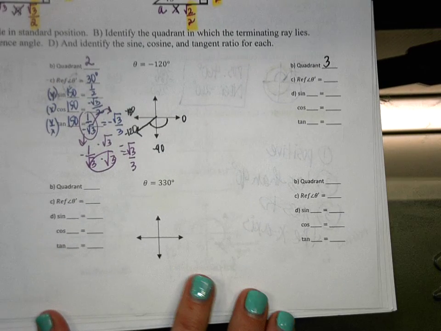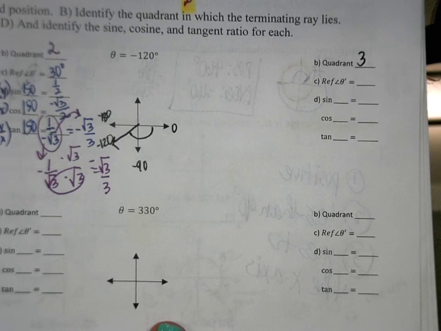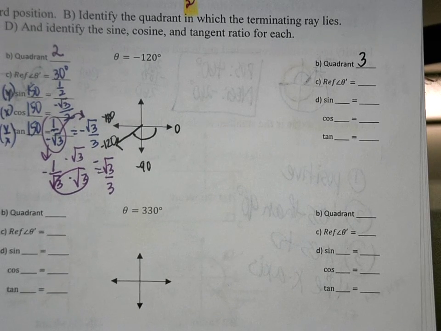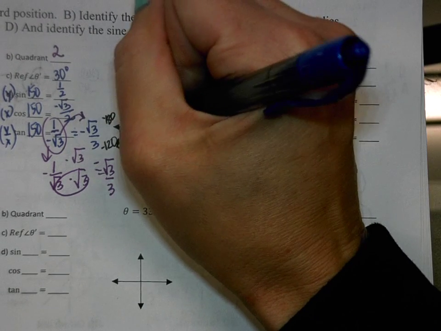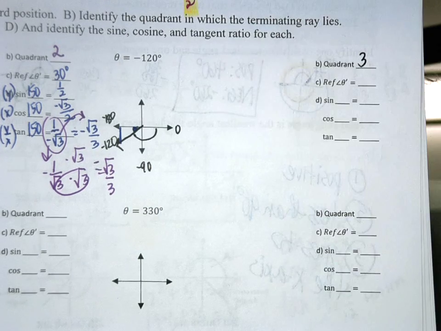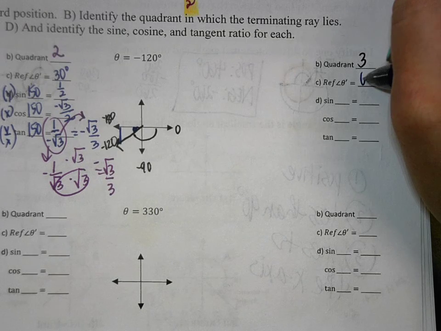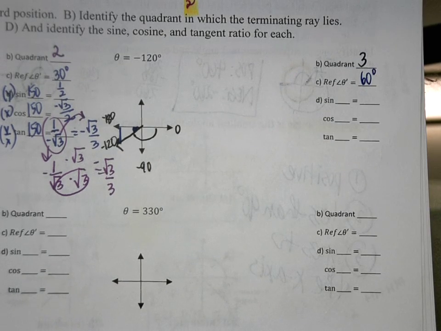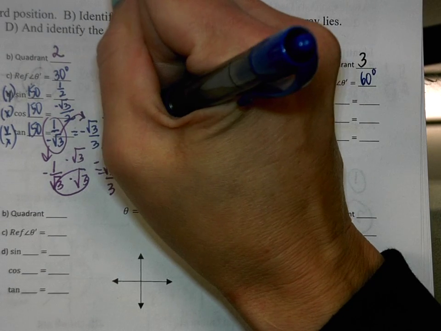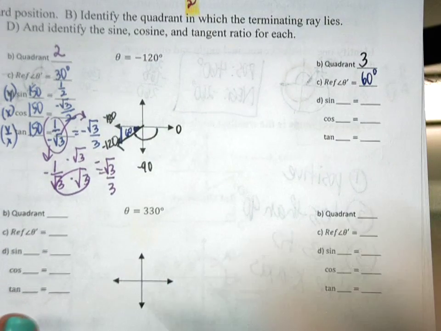Let me make this a little bit better for video. Okay, so what would be my reference angle? Negative 60. Okay, so reference angles are always what? Always positive. So therefore my reference angle is what? 60 degrees. Okay, because this is 60, what value is going to be over here across from the 60 on the y part?